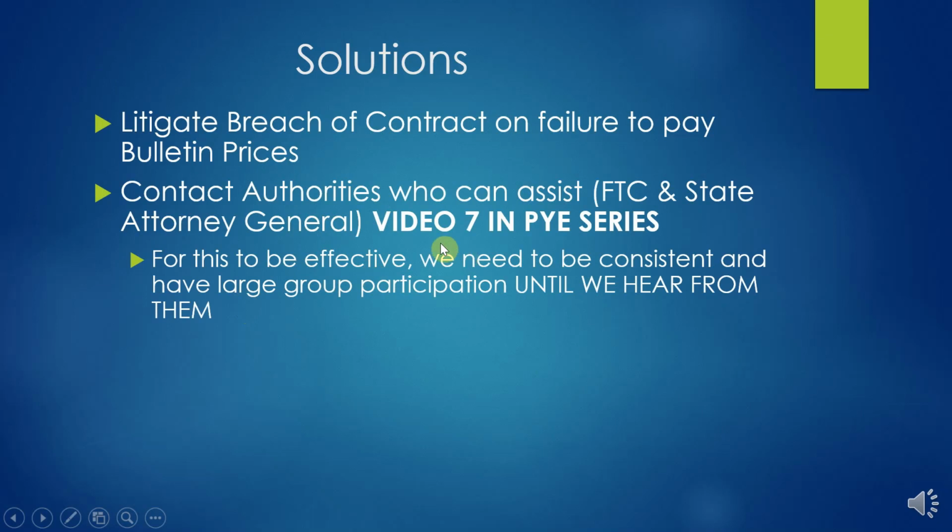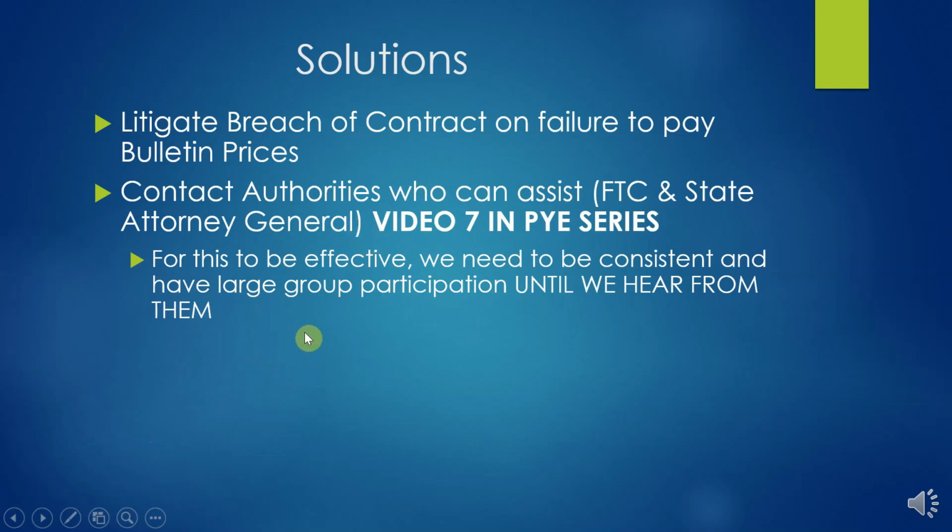Another thing that is covered in video 7 of Protect Your Equity series, there are 2 federal laws that the association believes that Pepperidge Farm is in violation of, the Sherman Act and the Robinson-Patman Act. The Federal Trade Commission, as well as state attorney generals, have oversight of these acts and the enforcement.